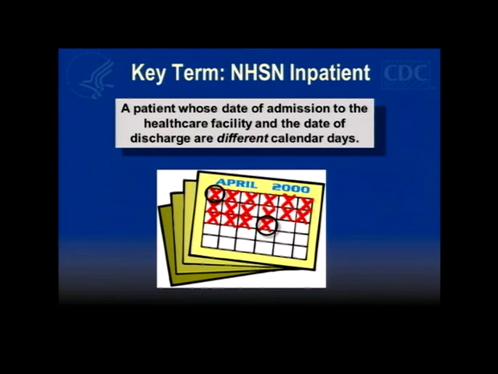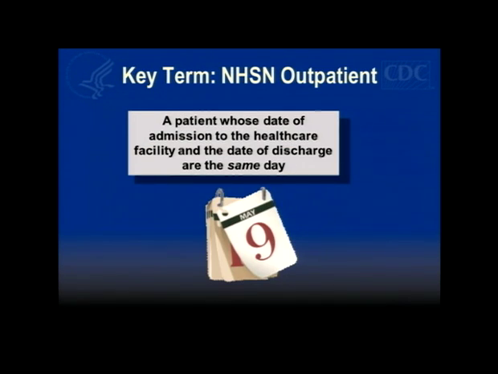All right, one of the other key terms in that definition of an operation is an NHSN inpatient. Again, this is not changing in 2013. These are patients whose date of admission to the healthcare facility and date of discharge are different calendar days. And an outpatient would be a patient whose date of admission to the healthcare facility and date of discharge are the same calendar day.